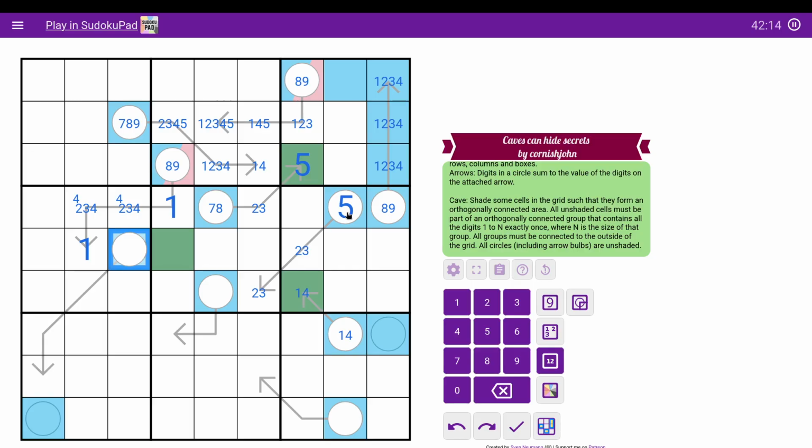These lower arrows really yield nothing at all. I don't see any hope for a contradiction down this line of reasoning.